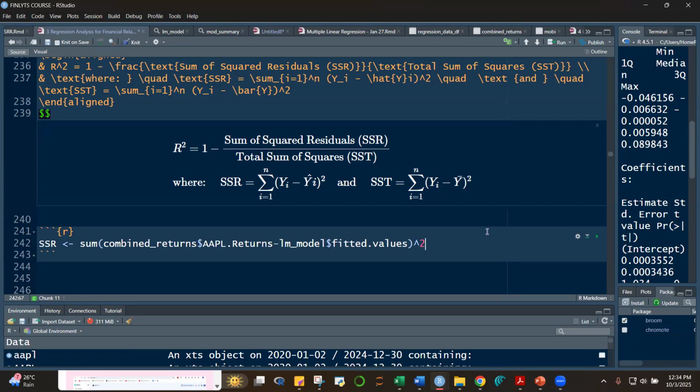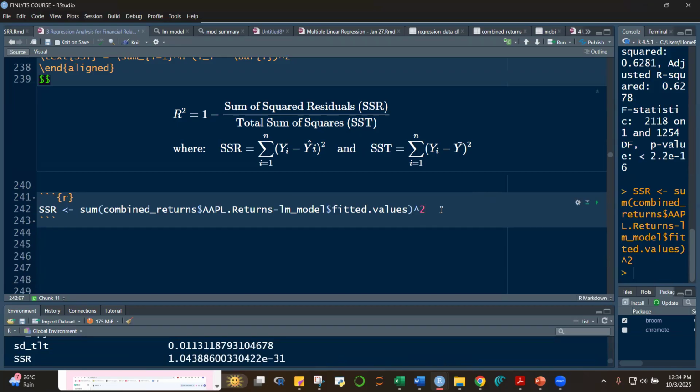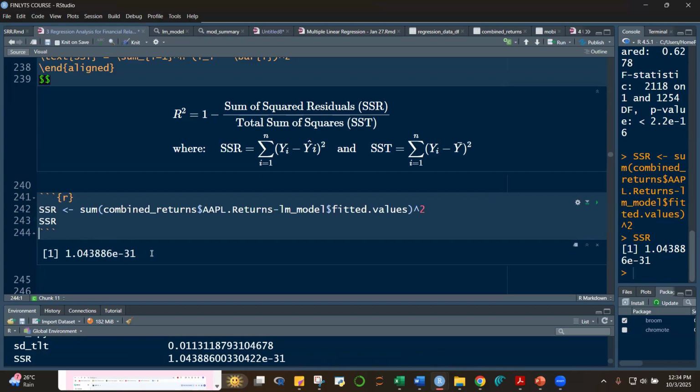So is this correct, class? Is this formula correct? So let's print also SSR. What do we do first, class? So this one minus this one.